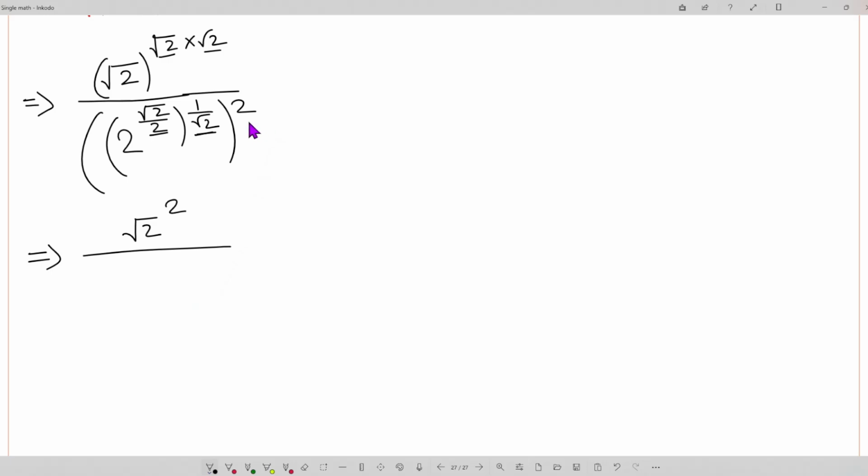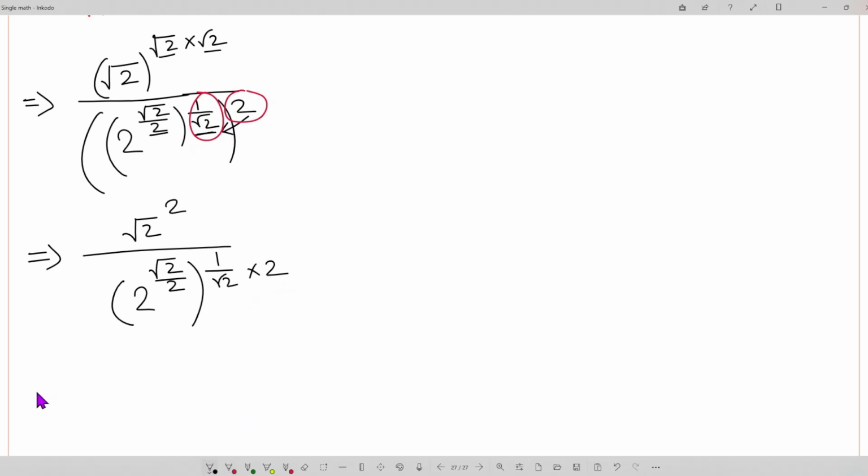And also we can multiply this one also. So anything we can do. So first we can write 2 to the power root 2 by 2 and whole to the power 1 by root 2 times 2. It means this one and these two.